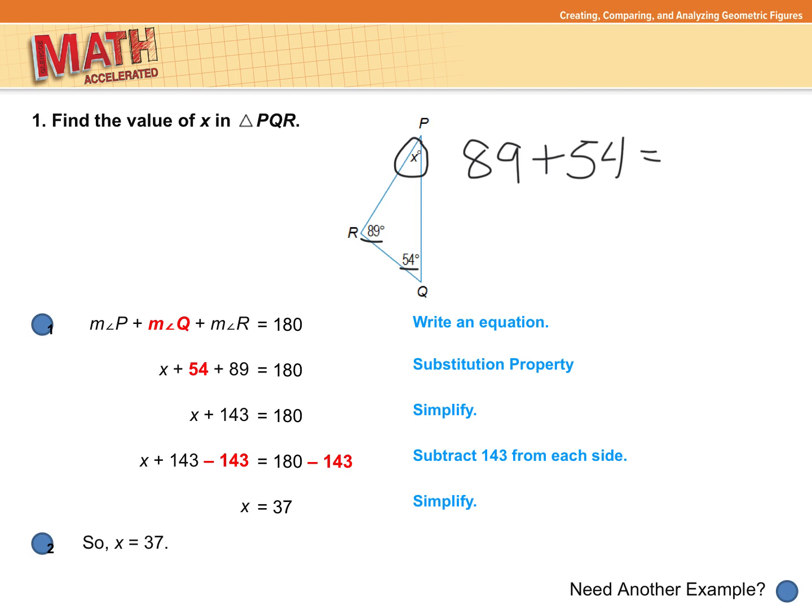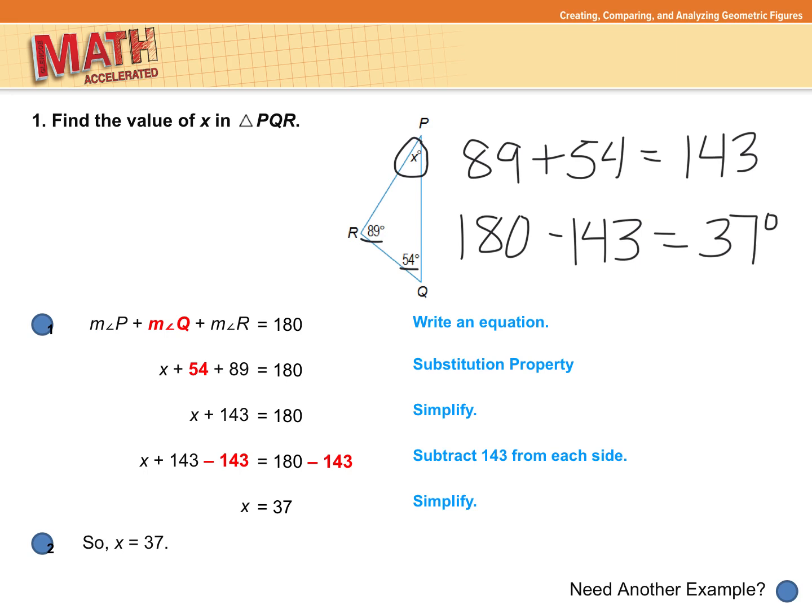What's 89 plus 54? Say that one more time. 143. Okay. Now, how do I find my missing angle? Subtract it from 180. Yep, take 180 minus 143, and what do we get? 37. What would my label be?